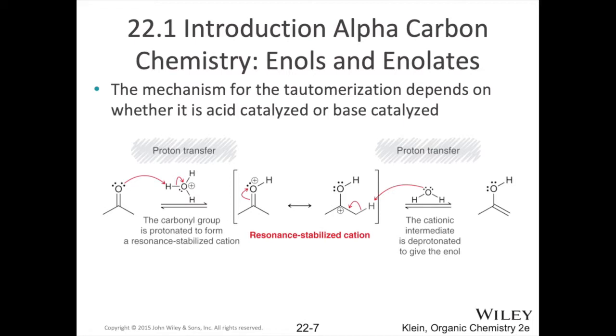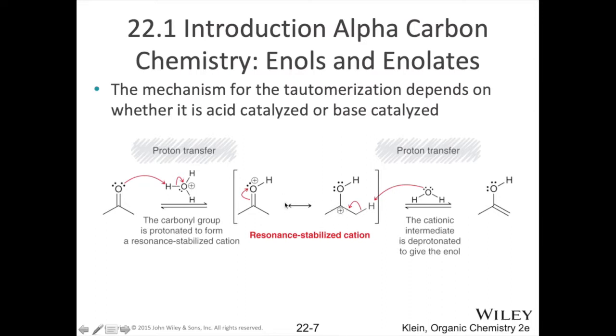Okay, so if we're looking at an acid catalyzed tautomerization, we start off with a proton transfer to that oxygen on our ketone. Okay, and basically you put that positive formal charge, and those electrons will swing up to that oxygen and move the positive formal charge instead to that carbon.